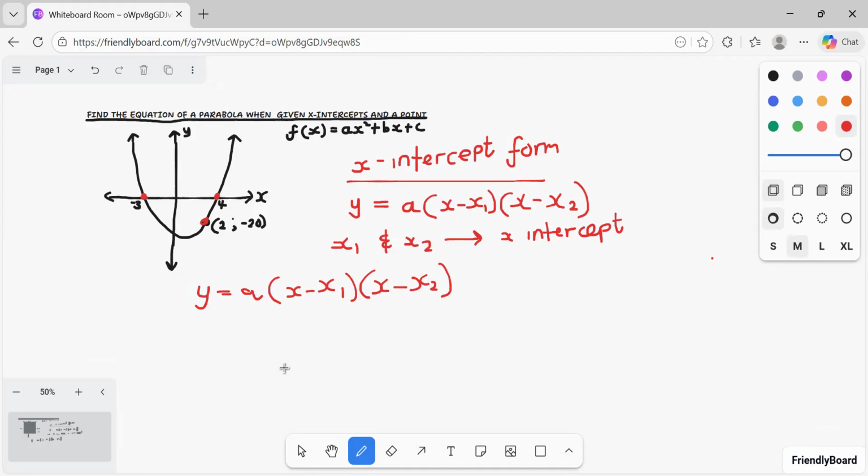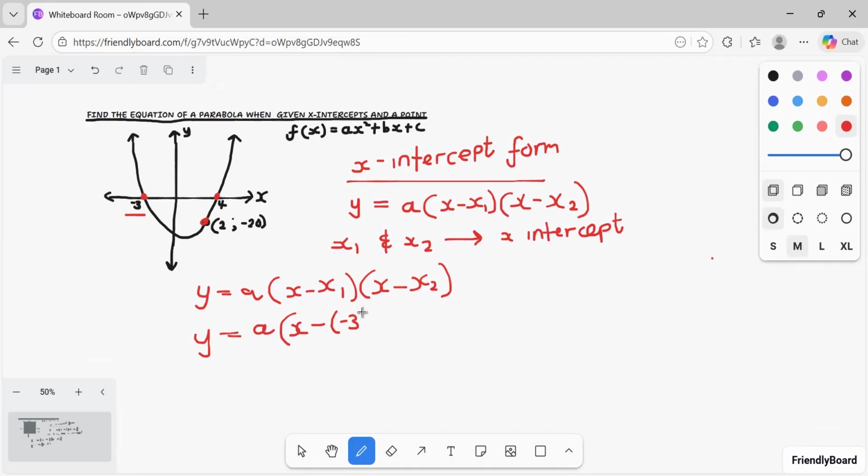Okay, so now I'm substituting into this. y is equal to a, then I open the bracket and put x. My x1 is the first x-intercept, which happens to be -3, so I put x minus -3.